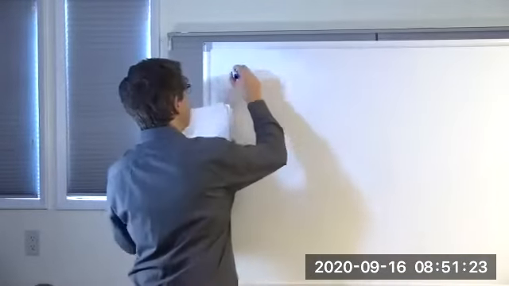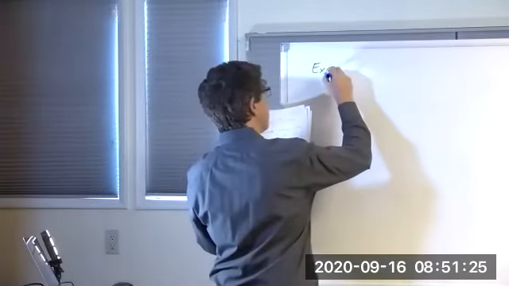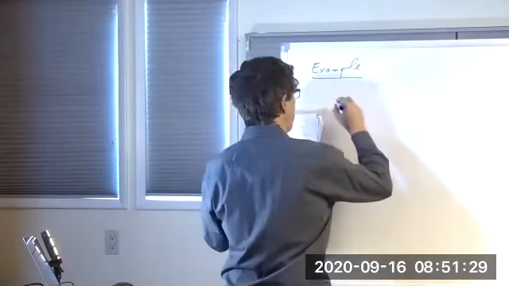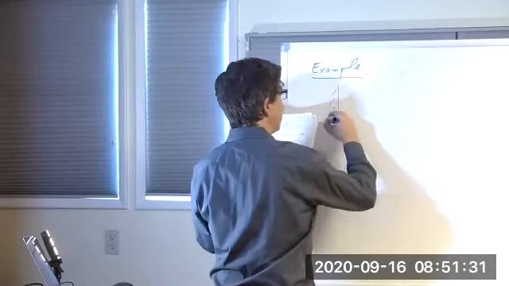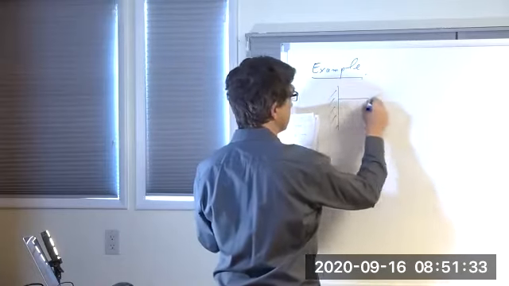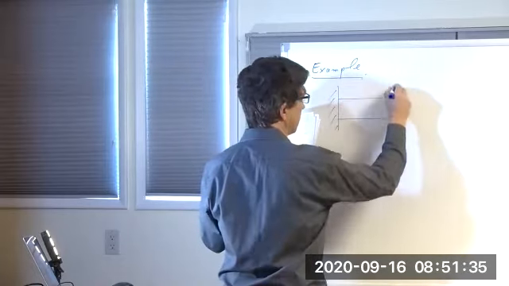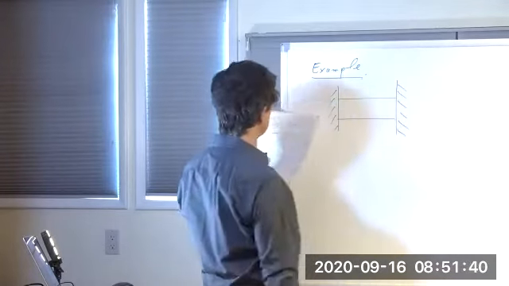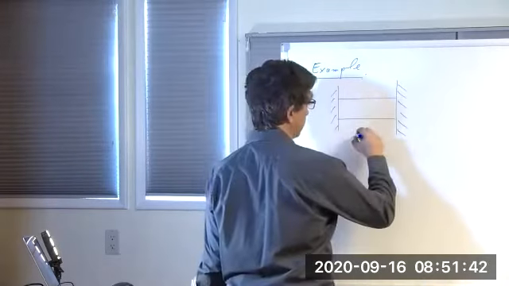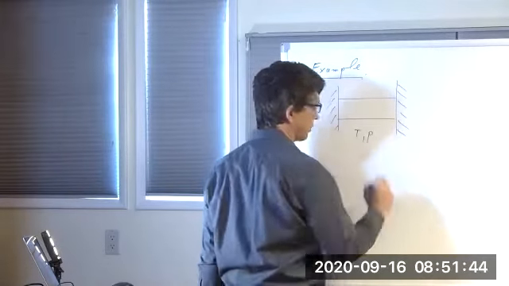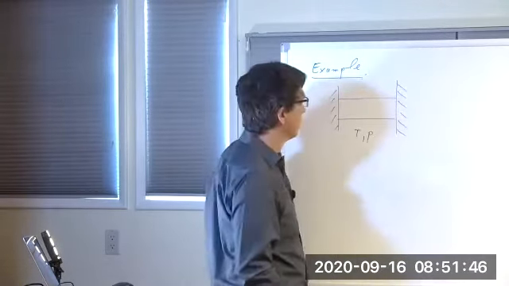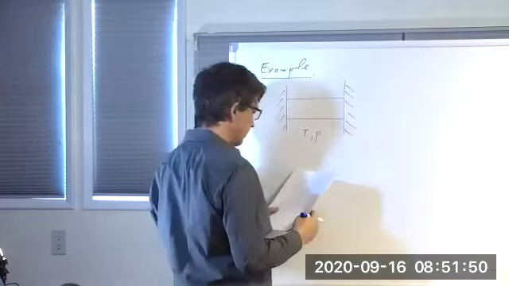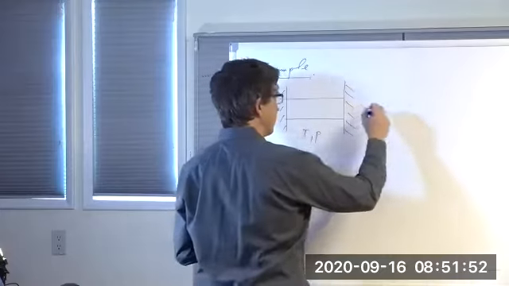But let me take the following example. I'm going to take a bar that's clamped between two solid walls. So these walls are immovable, but the system is otherwise under constant temperature and pressure. And I'm going to define the directions here.